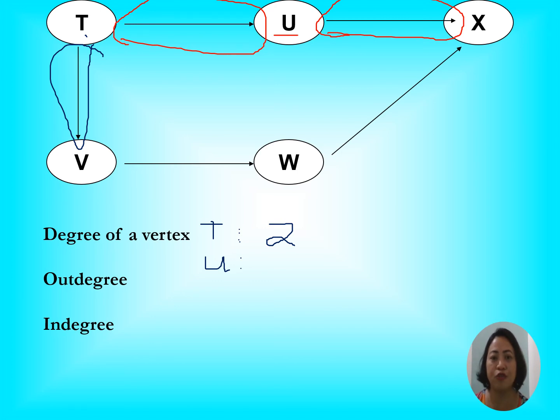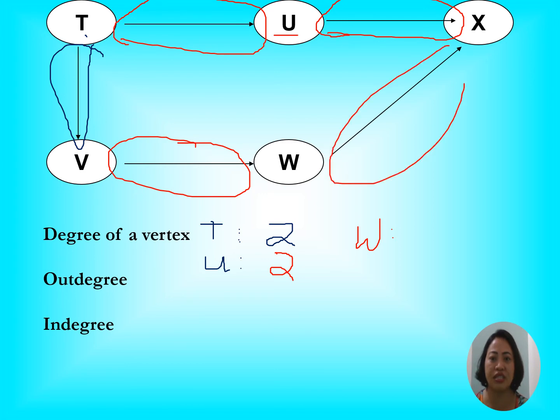So we have two edges. Therefore, we have two. Next, let's say we have degree of W. Again, we have two edges connected to that vertex, either leaving or entering. So we have two.